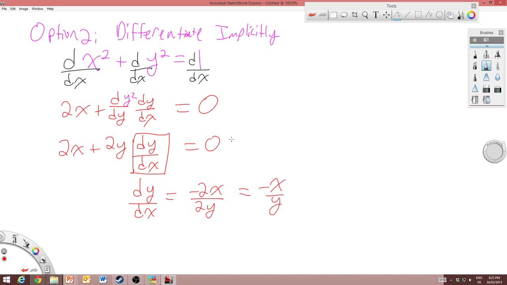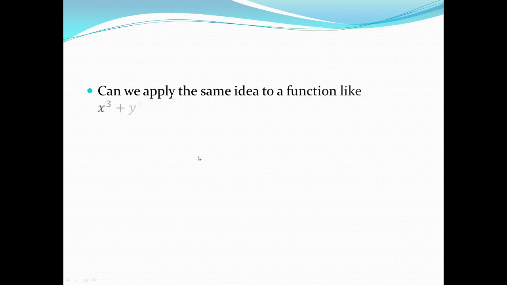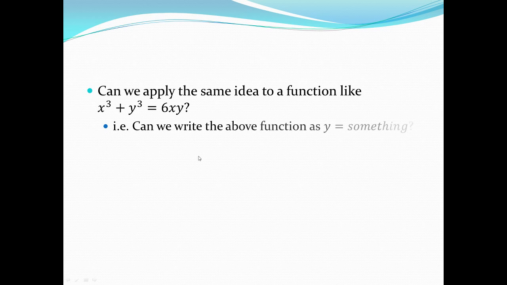Option 2 is always usable. Option 1, not so much, because let's say we have an example like this. Can we apply the same idea to a function as follows? This function is really difficult to rewrite as y equals some function of x, so I'm not even going to attempt it.